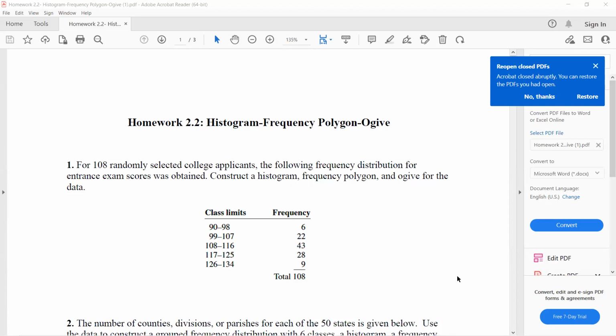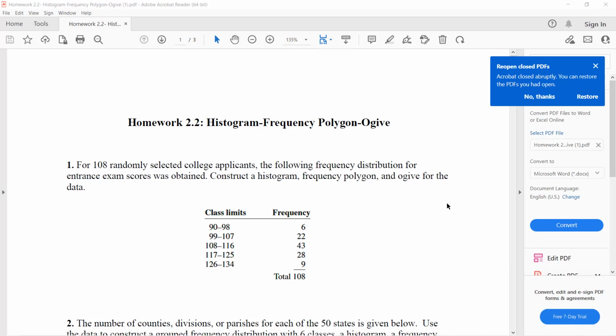There we go. 99 plus 107 is 206, and if I divide that by 2, I get 103. Then 108 to 116: 224 divided by 2 is 112.